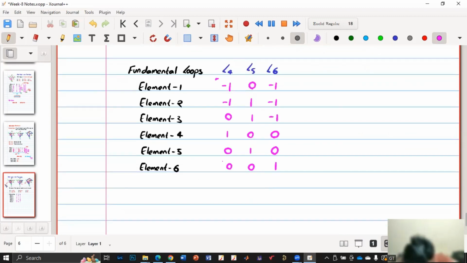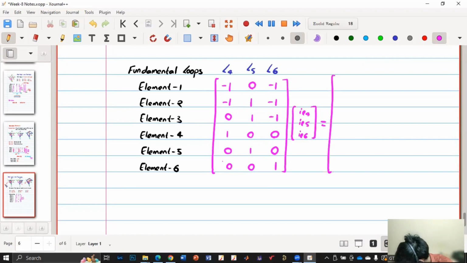So all these things multiplied into IL4, IL5, IL6 is equal to our element currents, which is IE1, IE2, IE3, IE4, IE5, IE6.